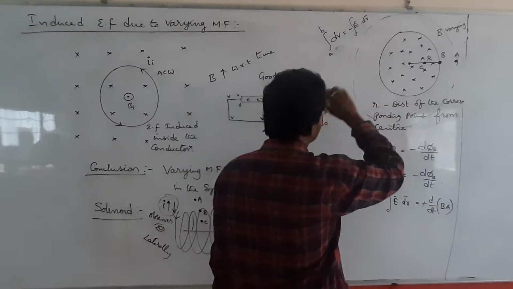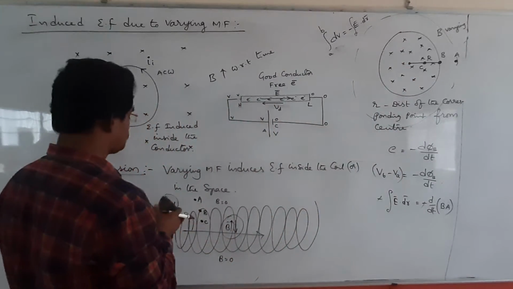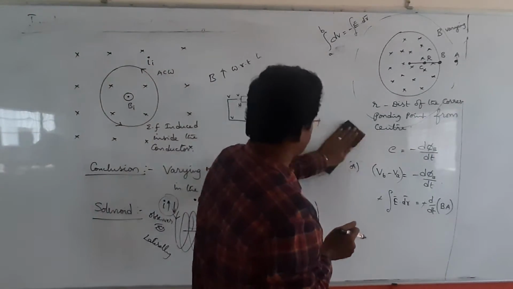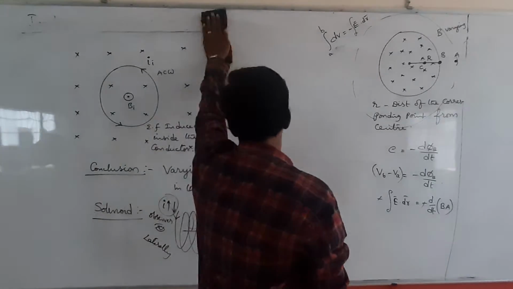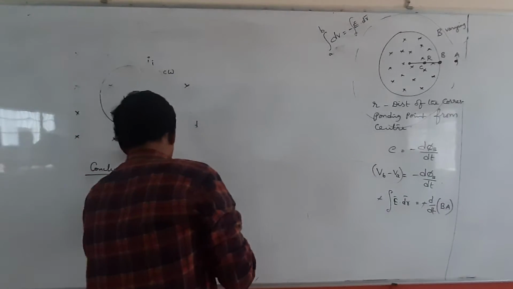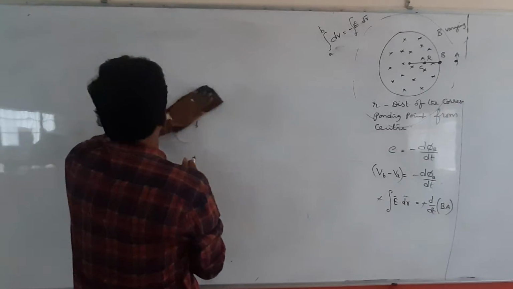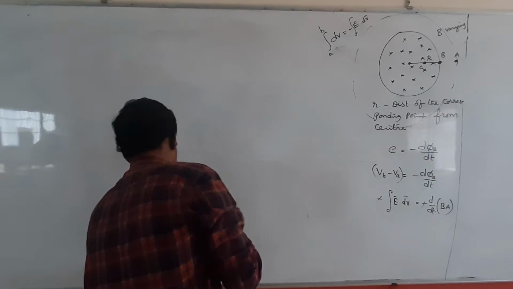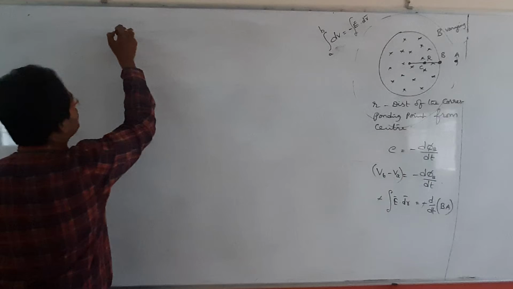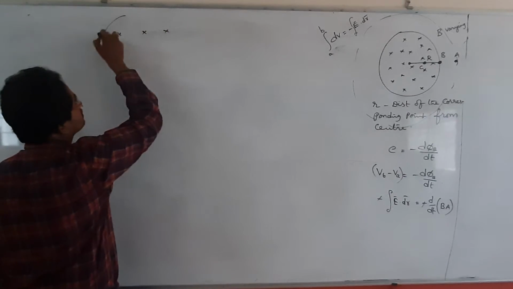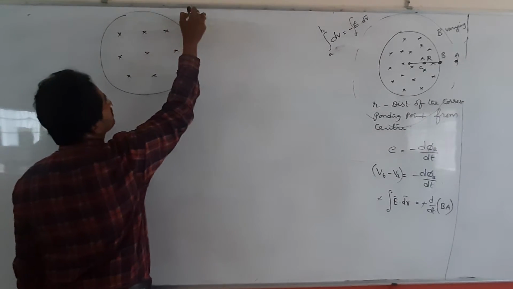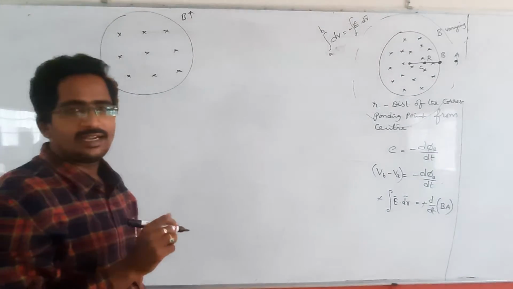What is the E bar direction here? That we want to write first. See here, when a magnetic field is increasing, then we want to get the electric field intensity direction.